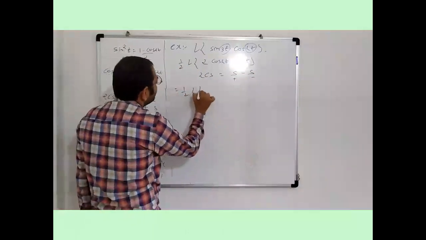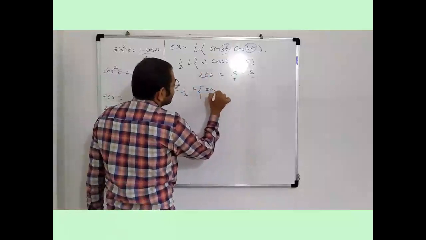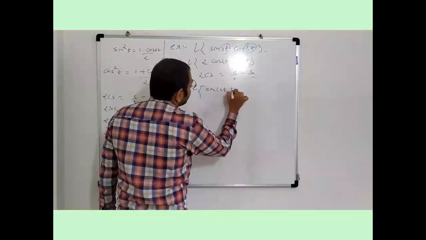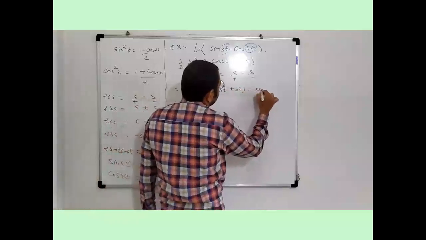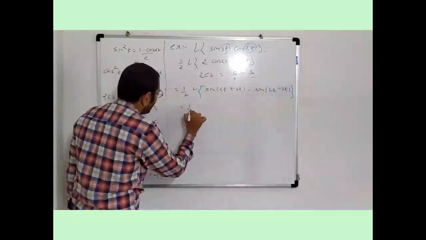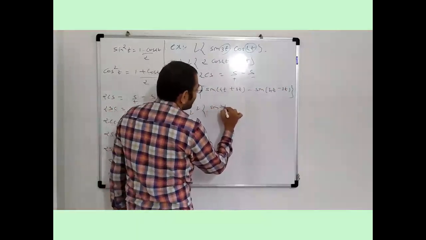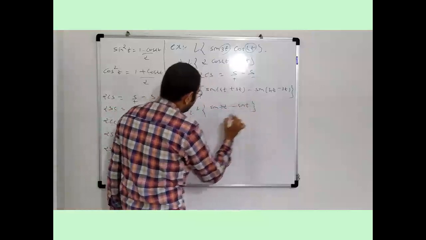Then 1/2 Laplace of sin 4t plus 3t minus sin 4t minus 3t. Then 1/2 Laplace of sin 7t minus sin t.